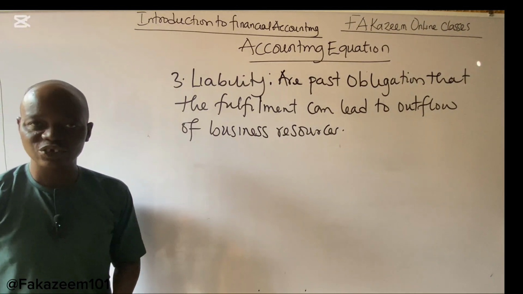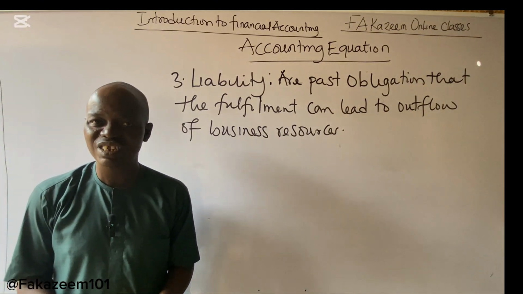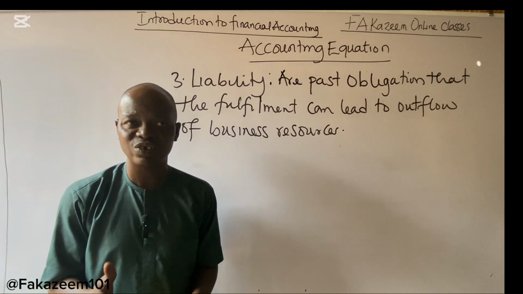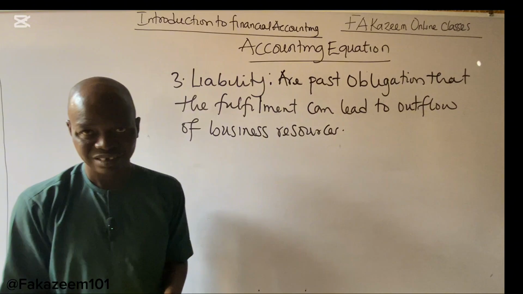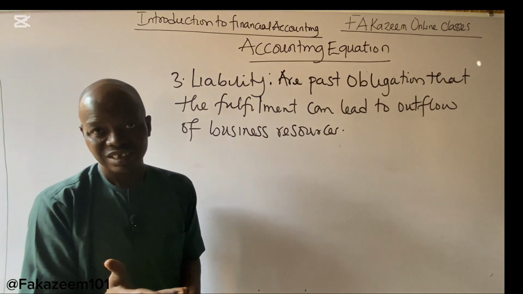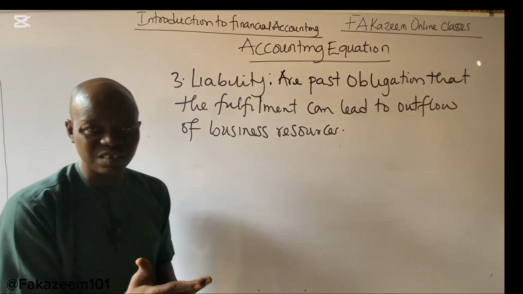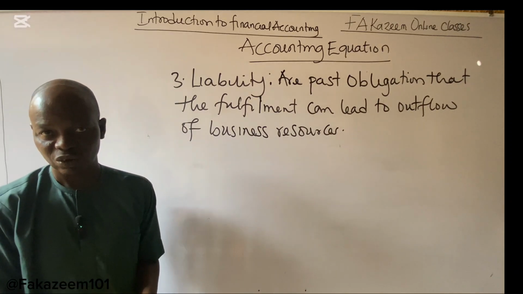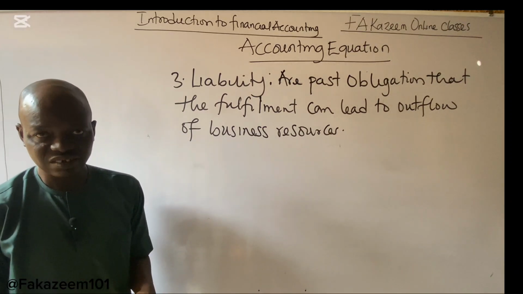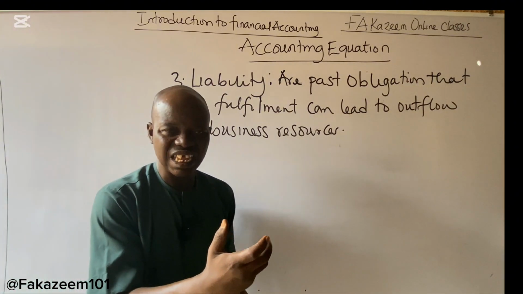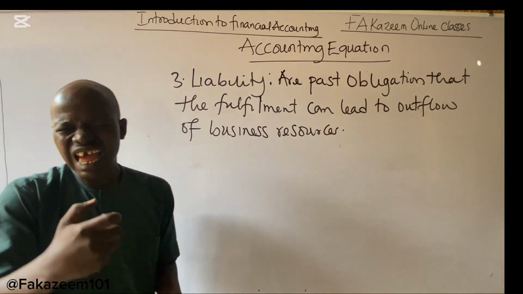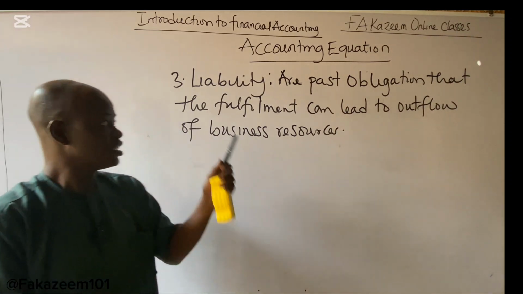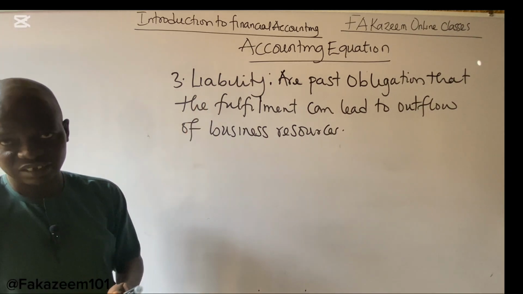Liability are past obligation that organization needs to fulfill in the future. For instance, most businesses cannot trade only on their capital. They need to borrow. They need to finance the business with loan and overdraft or debenture. In that case, the money that is borrowed from an outsider to finance a business is known as liability.